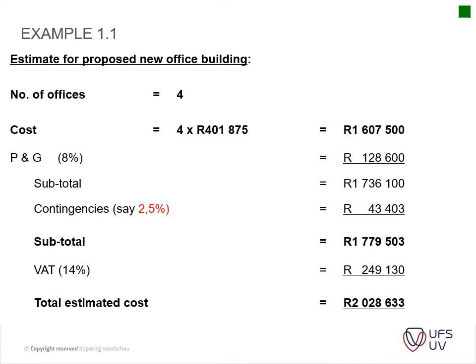Okay, so the estimate for the new building. All that you do is take the offices of your new building. We've got 4 new offices in our new building. So we take our number of offices times our unit rate, to get our new estimated cost before P's and G's and VAT. Please note that I'm using 14% here.